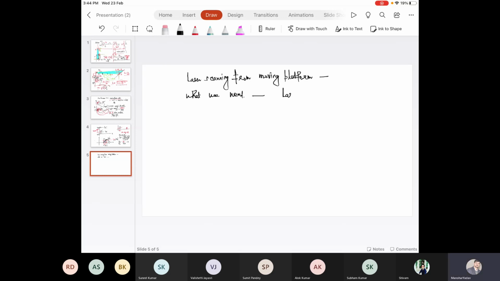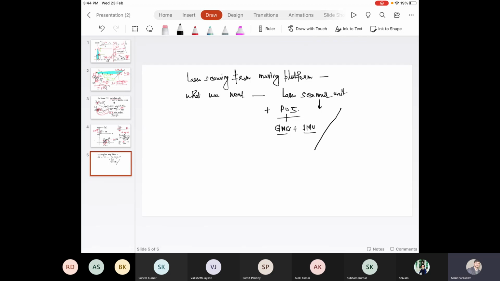We need the laser scanner unit, plus we require a positioning and orientation system, POS. The individual data collected by the laser scanner unit, and in the POS we have GNSS plus IMU. The data of IMU and GNSS are combined together to geolocate.